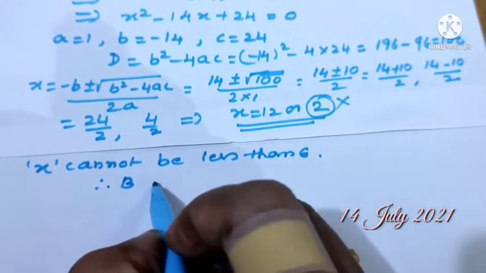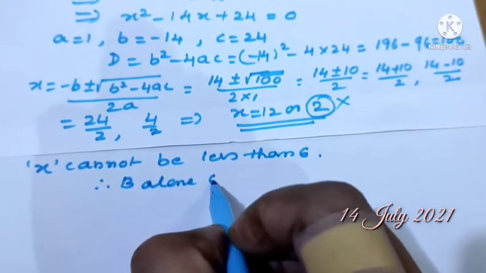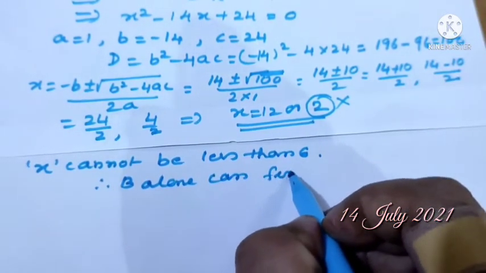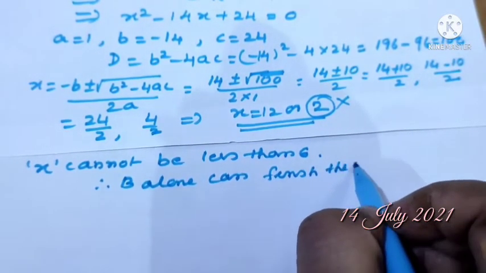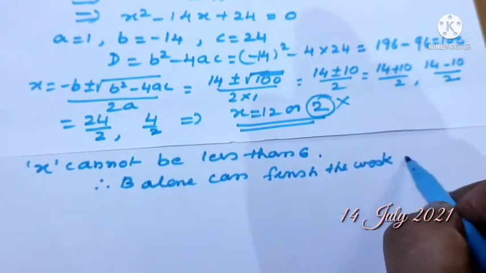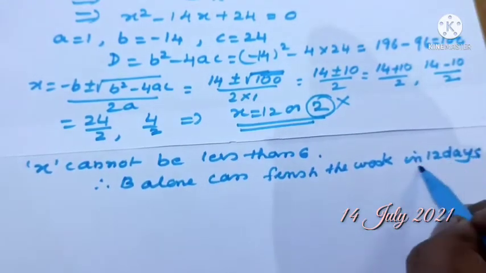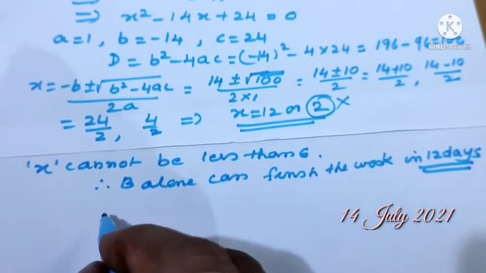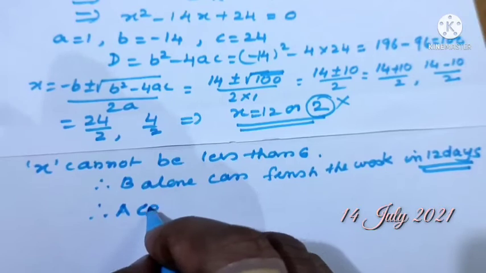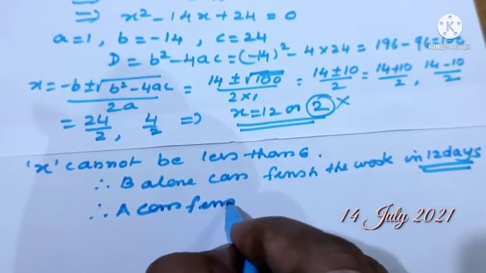Therefore, B alone can finish the work in 12 days. Only that is asked here as the answer. Therefore, A can finish the work in 6 days.